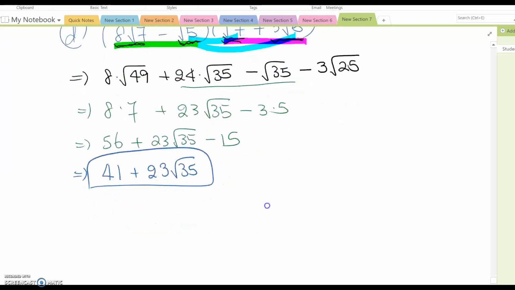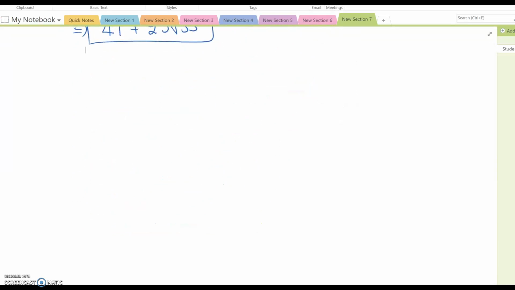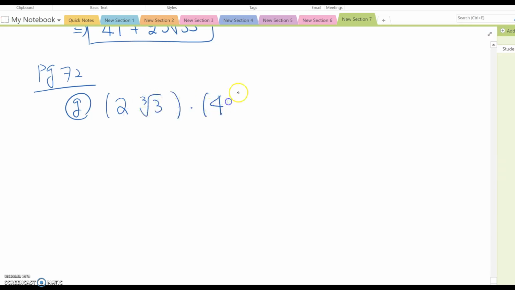So let's look at more examples, such as page 72, letter G. If you look at letter G, it shows 2 cubic root 3 times 4 cubic root 9. 2 and 4 are rational numbers, so you may multiply only these two.